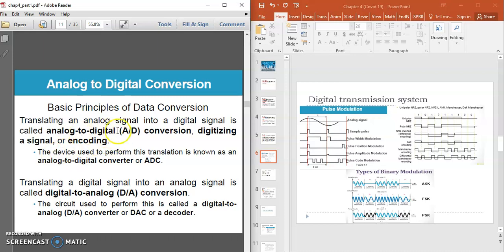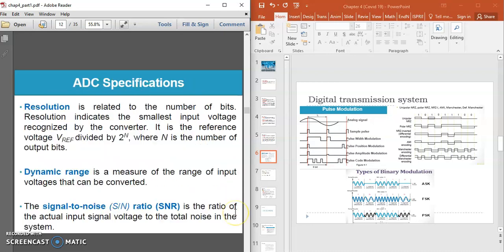We have A to D, analog to digital, which means we convert analog to a digital signal. How about DA? DA means digital to analog. When you deal with analog to digital specification, you must know these: resolution, dynamic range, signal to noise ratio. These are the main components.